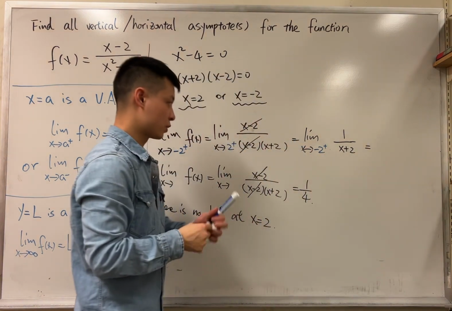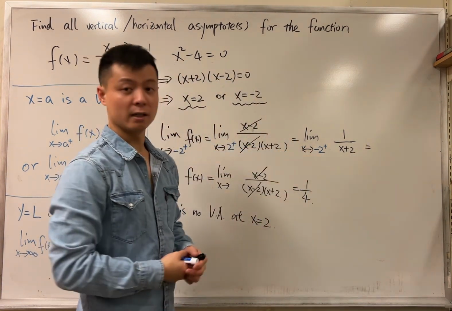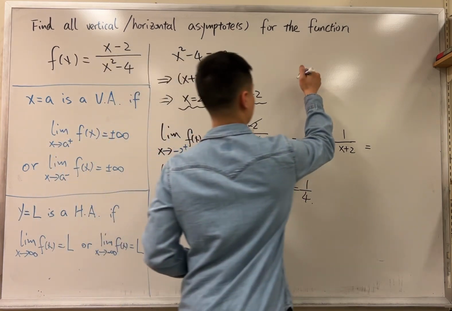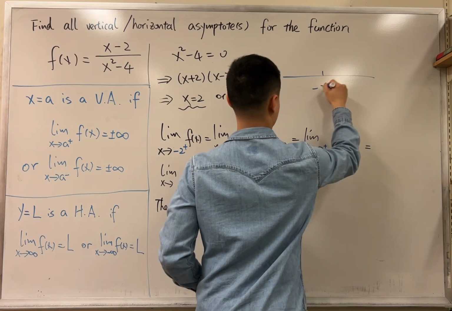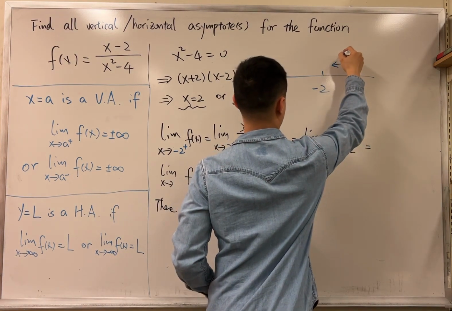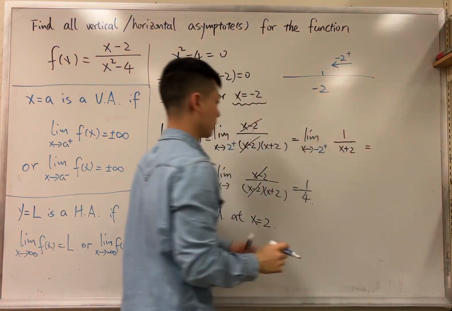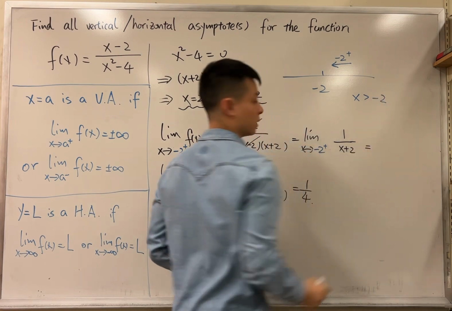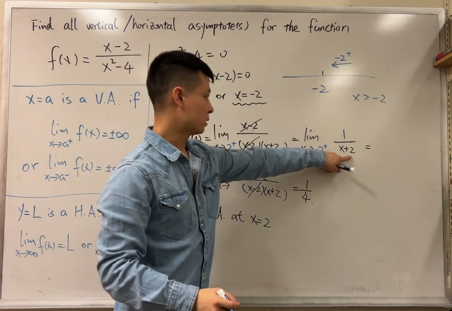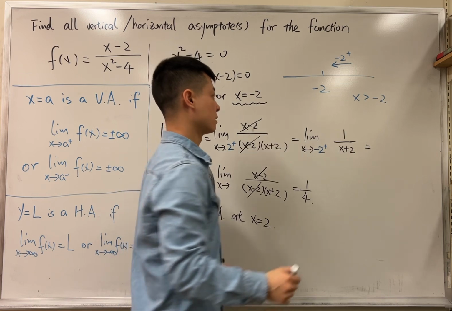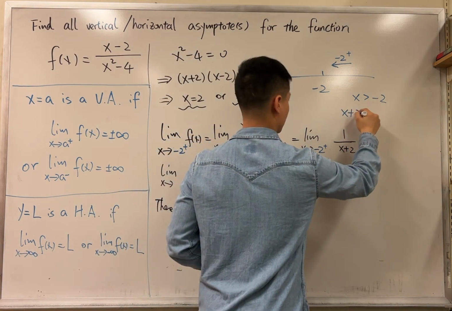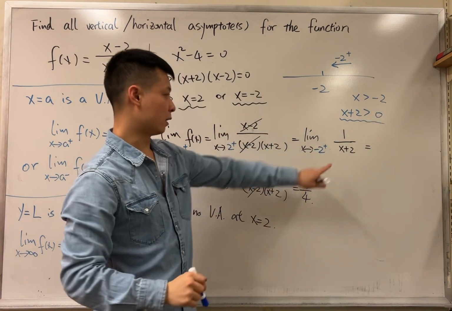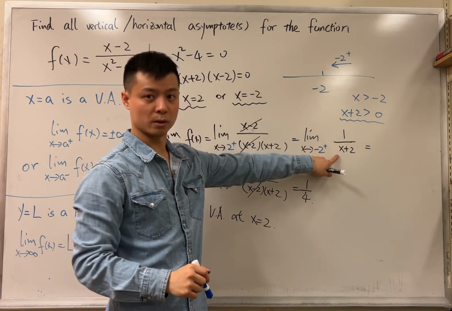So when we approach negative 2 from the right side, it means that x is greater than negative 2. Let's say negative 2 is here, right? Approaches from the right side. This is negative 2 plus, greater than negative 2. So what happens to x plus 2? If you add 2 on both sides, it's going to give you x plus 2 greater than 0, which tells us that the denominator is greater than 0.